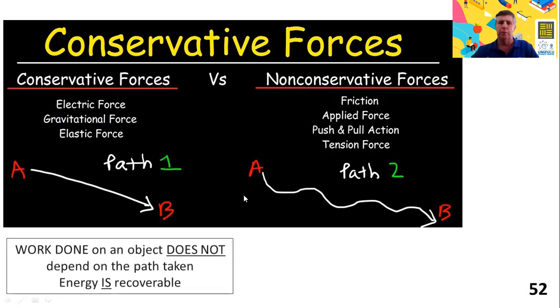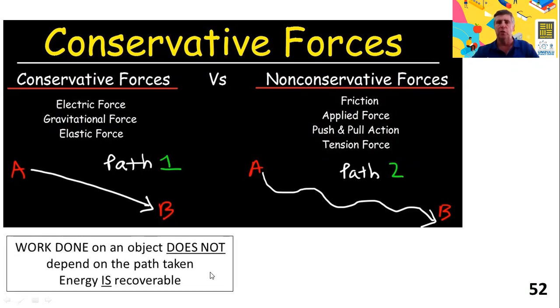With a conservative force, the work done on an object does not depend on the path taken, and the energy is recoverable. So whether you get into a building by walking up steep stairs or going up a sloping wheelchair ramp, the same amount of work is done against gravity because it's a conservative force.